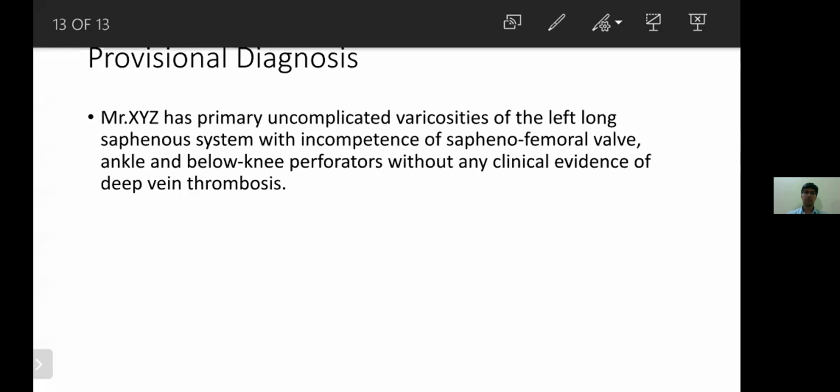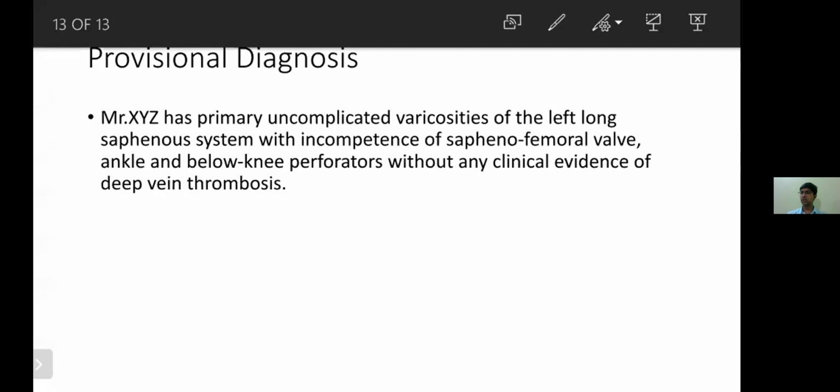Why is it known as that? What does corona mean? Due to its fan shape, its radiating nature. So it looks like a crown, radiating telangiectasia present around the ankle. That is corona phlebectatica, like a crown, so as to say.